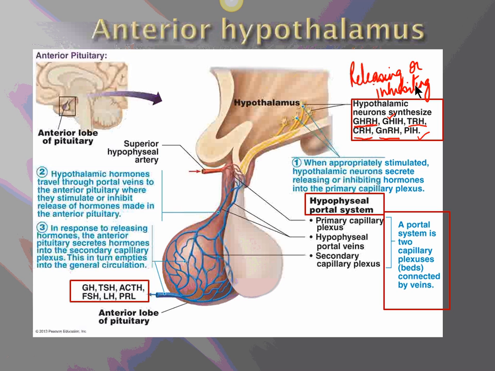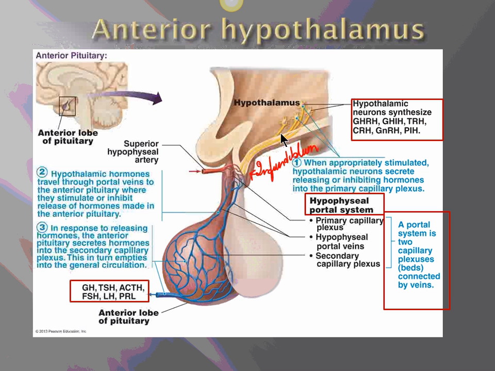So when stimulated, the neurons here in the hypothalamus release either the releasing or the inhibiting hormones. They are passed down a tract which ends quite high up. This area which connects the hypothalamus to the pituitary, this stalk, is known as the infundibulum. It's the stalk which connects the hypothalamus to the pituitary gland.